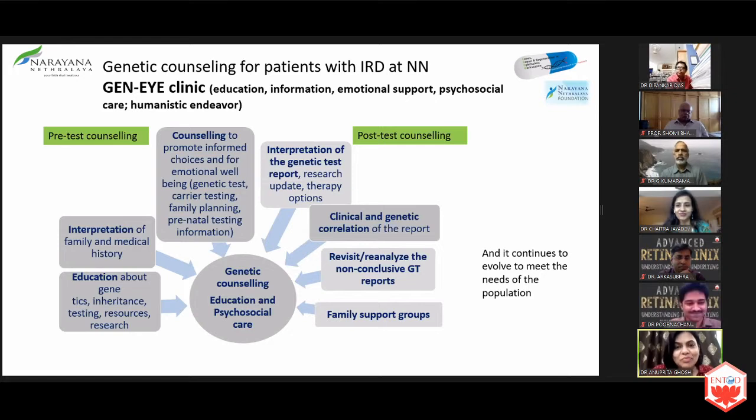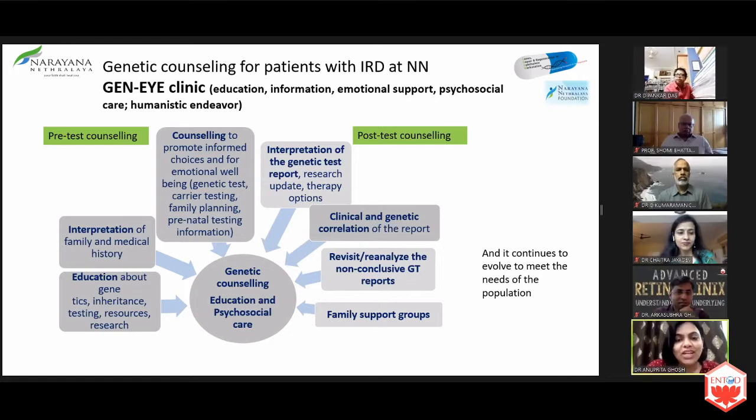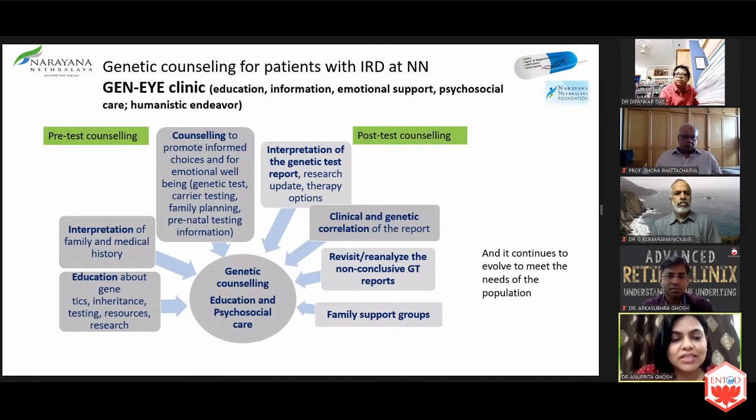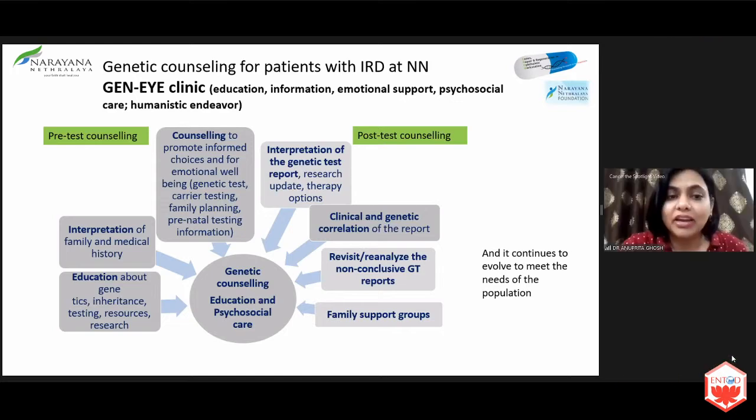Before I disappear again, as I was saying, genetic counseling has two parts. In the pretest counseling, we start by educating them about the disorder and the genetics, including Mendelian inheritance. We help them understand their own family history, the pedigree, and also the medical history.